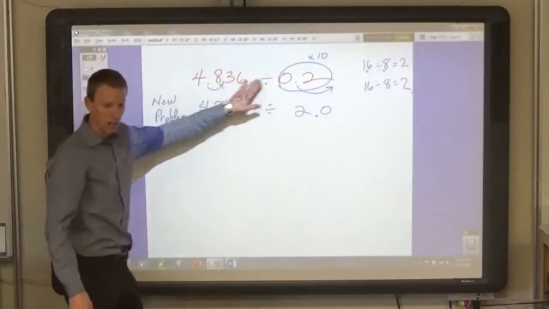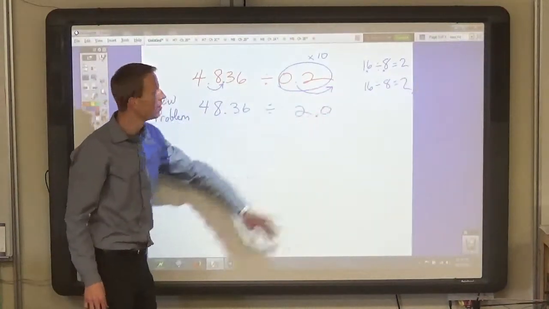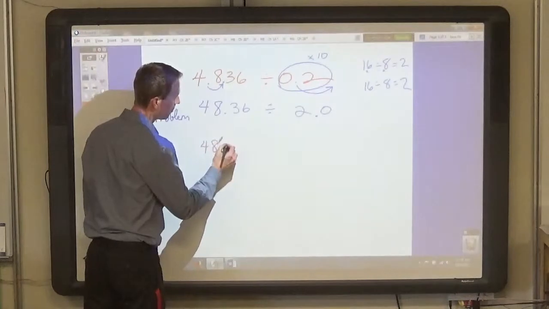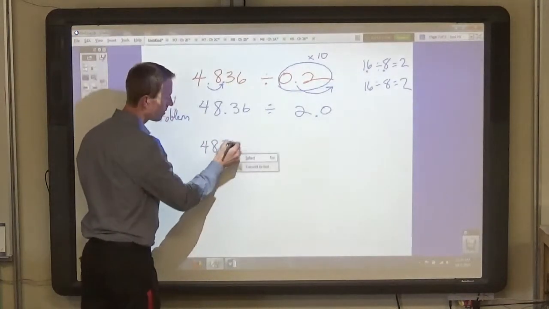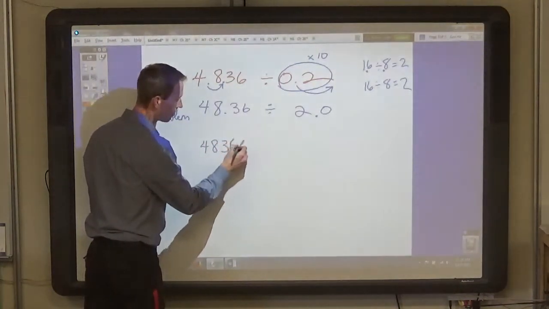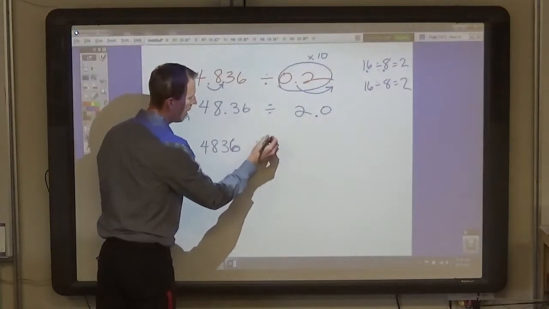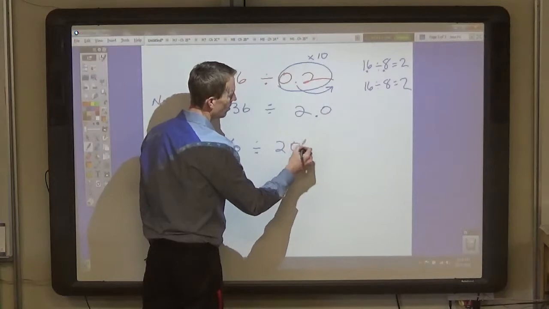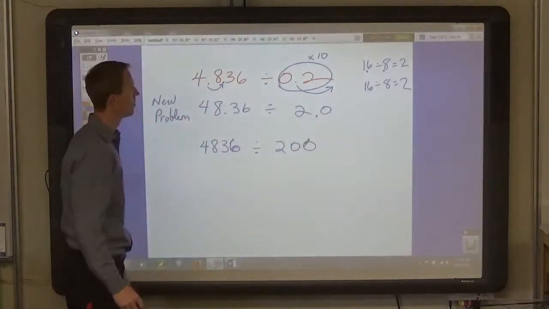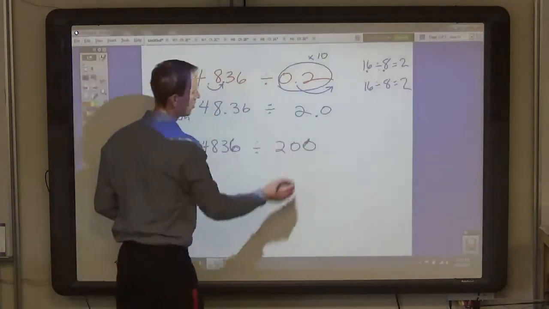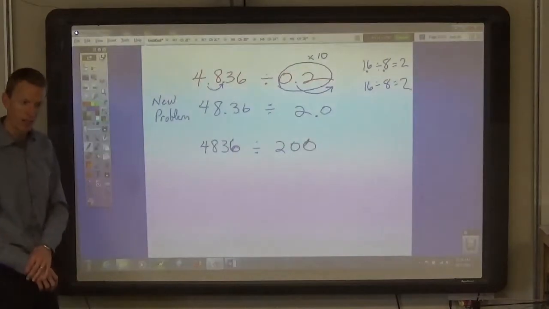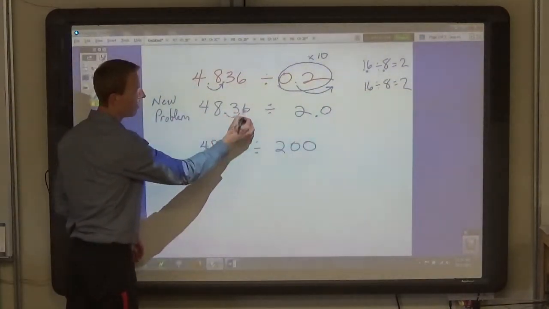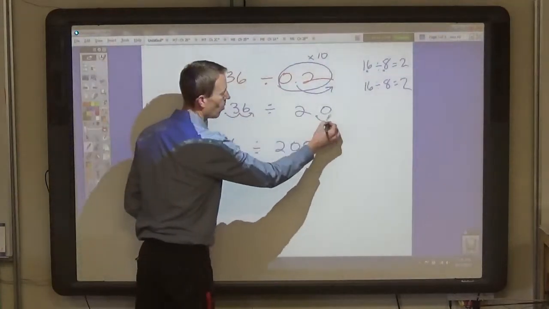If you wanted to get rid of all the decimal points, you can do this. 48.36 divided by 200. Wait, 3 places. Yes, 200. So we can do that. That would also be a new problem. We'd simply be moving the decimal place over 2 more places.